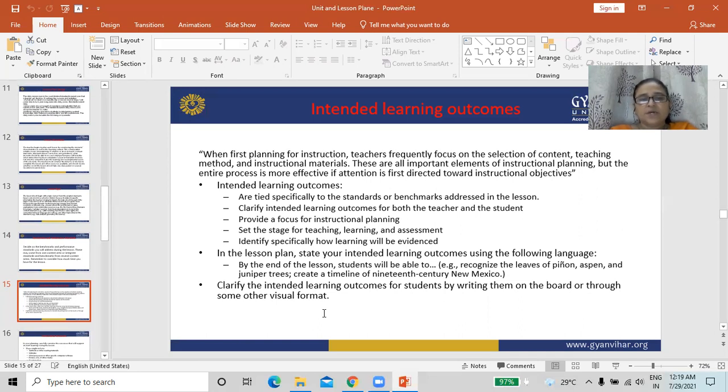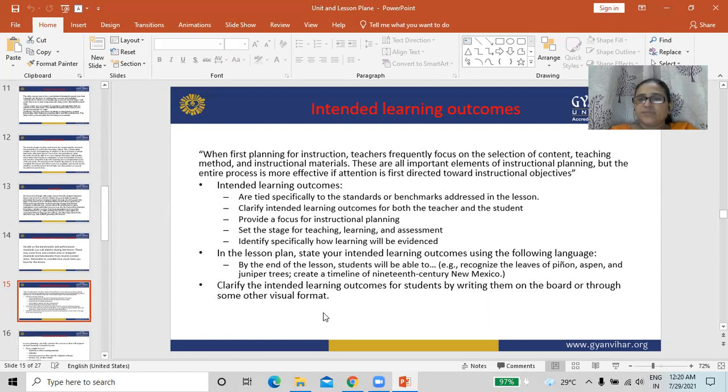In the lesson plan, state your intended learning outcomes using the following language: By the end of the lesson, the student will be able to, for example, recognize the leaves of an opinion and create a timeline of the 19th century.